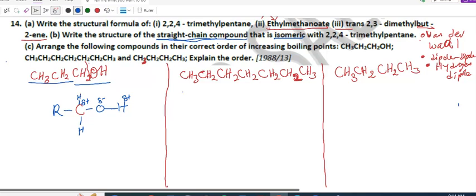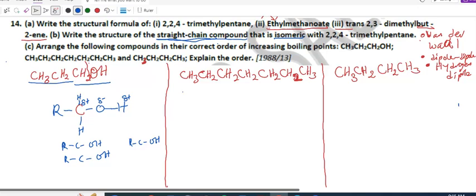If it is attached to another less electronegative element, you still have dipole. So if you have a sample of this alcohol, this is propanol, in a beaker, that means you have millions of these molecules in that sample.